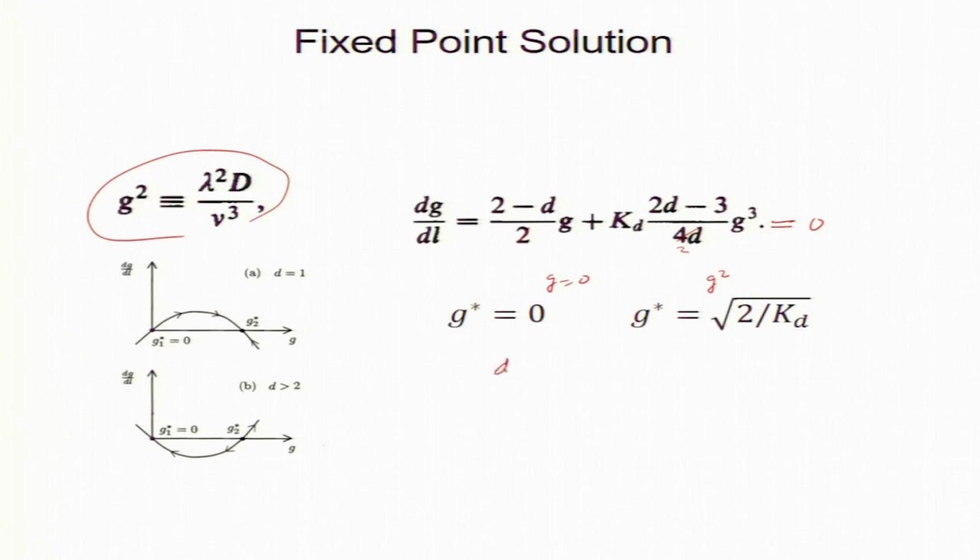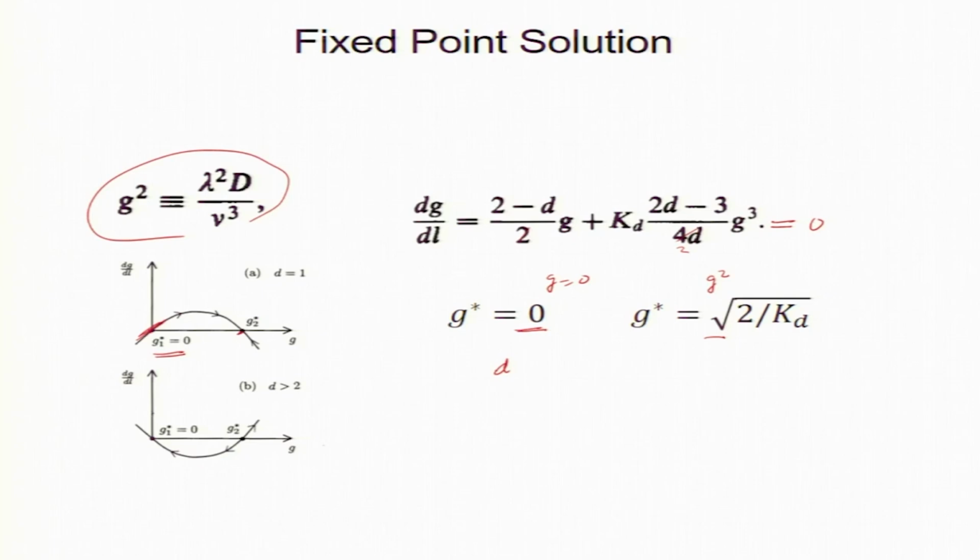Basically we compute the correction: if I change L, do I go away or do I come closer? For d equal to 1, this G1 is an unstable fixed point and it goes to G2. I am skipping the steps, but that is the stability analysis. We did it for Wilson.